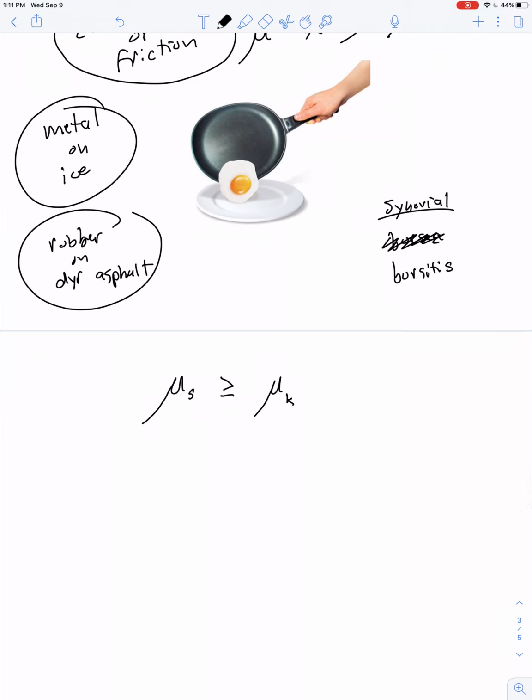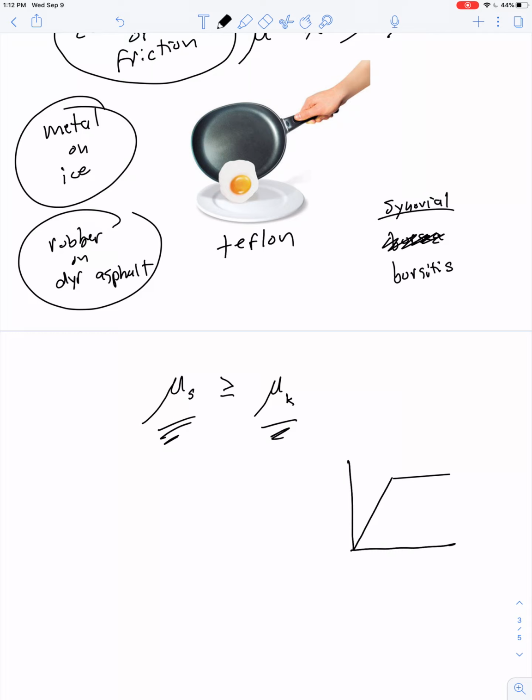There are some special cases where there's no distinction between the static and kinetic friction. Frictional welding can't take place for materials like this, and I suppose that graph would look like this. As you apply more and more force, yet an object stays at rest, the frictional force grows with your applied force, and then once it starts to slide, it actually doesn't drop off. It just stays level at that maximum value. And one example I know of is Teflon.